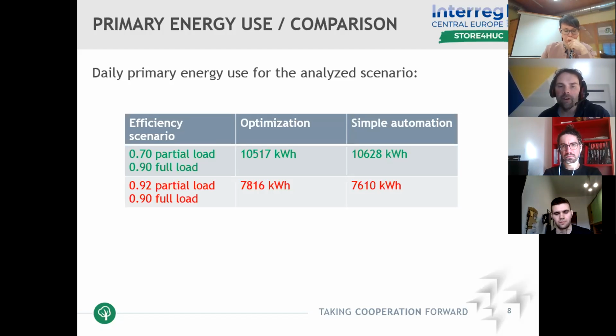And the green case is actually not the case for the site, because the data sheet says that we have 0.92 efficiency for the boilers on partial load and 0.9 efficiency on the full load. And even though you may see that these efficiencies are quite similar, in that case, some advanced planning won't give you much benefit.